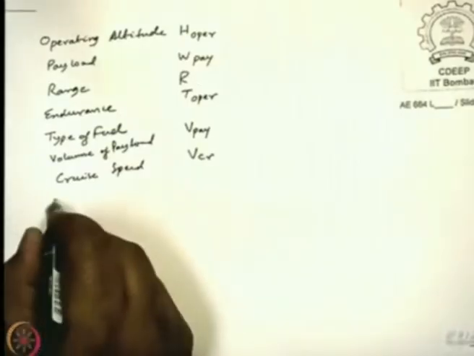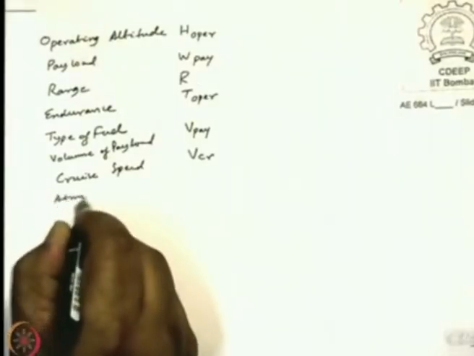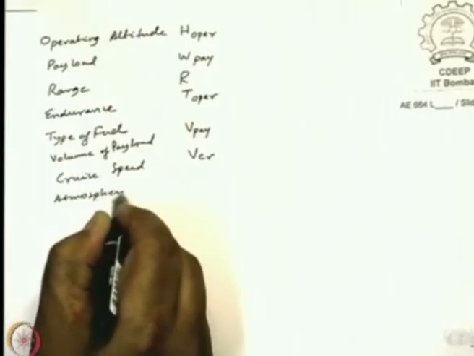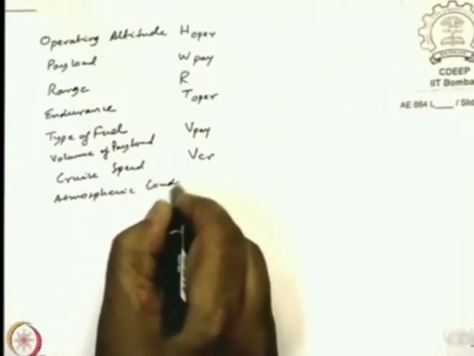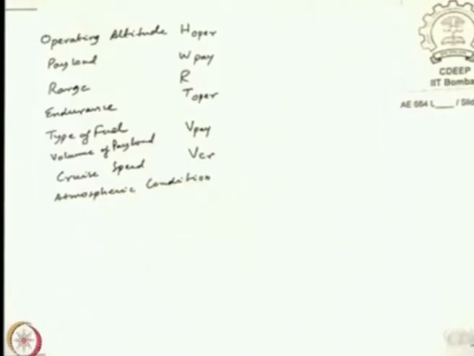Then, yes? Atmospheric conditions. So, now you tell me which are the conditions that the user is going to be concerned about. Pressure. Are you really concerned about the pressure?